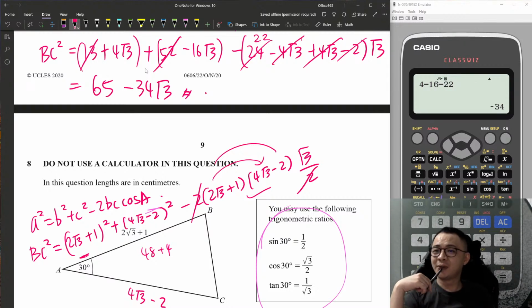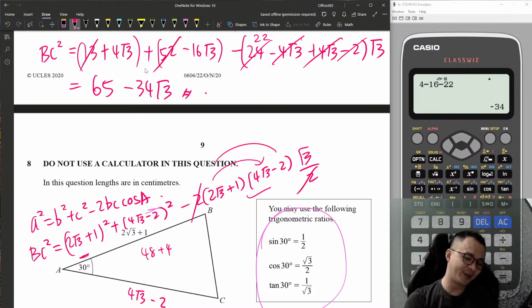Okay, so first thing they give you the B1 for applying the cosine rule. So you just sub everything into the cosine rule, you'll get the B1. And then here they give you A1 for expanding one of it, correct?